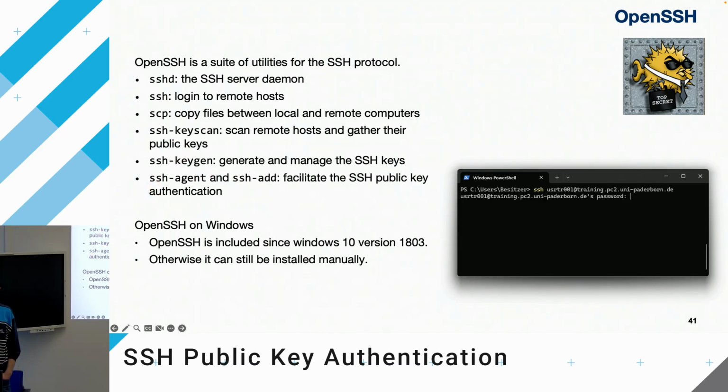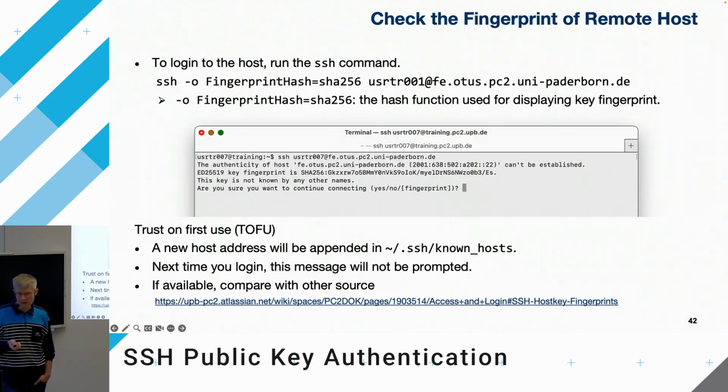So SSH is also available on all of the major operating systems and can be used. So we can connect to a remote host, and the first thing that you will see is the message, as we've seen in my demonstration.